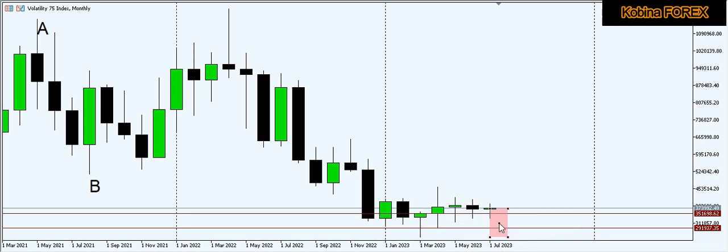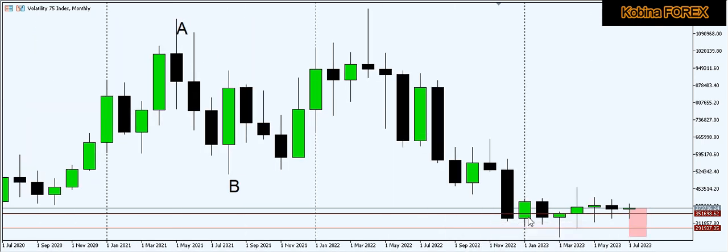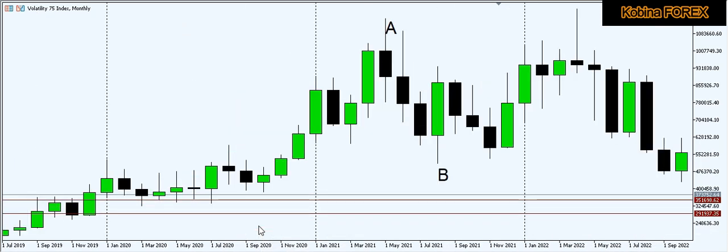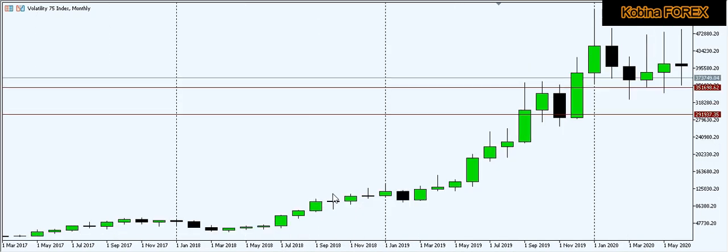Okay, so if price trades below it this way, what we do is that we go back into time to find out the bearish price point or the bearish highest point which price has not traded into. So when we come back into time, here the bearish price point that we can find that price has not traded into or has not reached is this level.